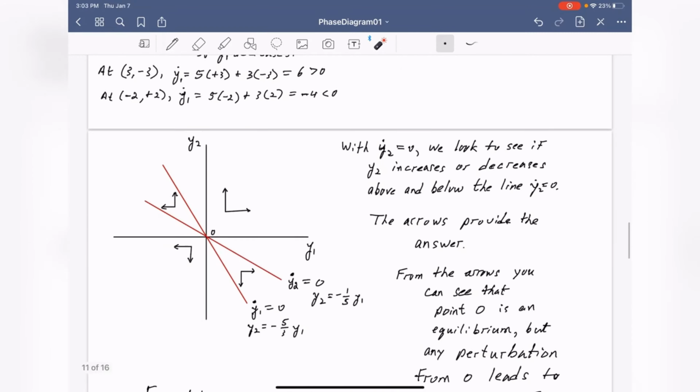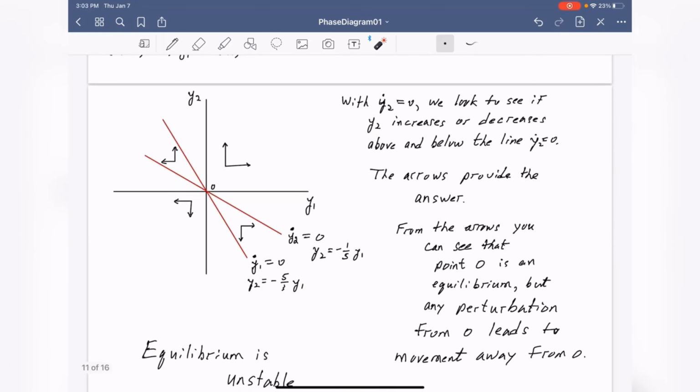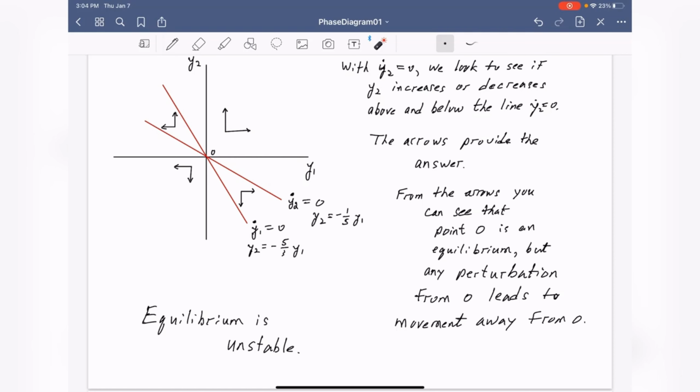Now we can do the same thing with y2 dot equals 0, and we look to see whether y2 is increasing or decreasing above and below the line y2 dot equals 0. The arrows here provide those answers. As long as we're above that y2 dot equals 0 isocline, which is defined by y2 equals minus 1/5 y1, y2 increases, and it decreases when we're below it.